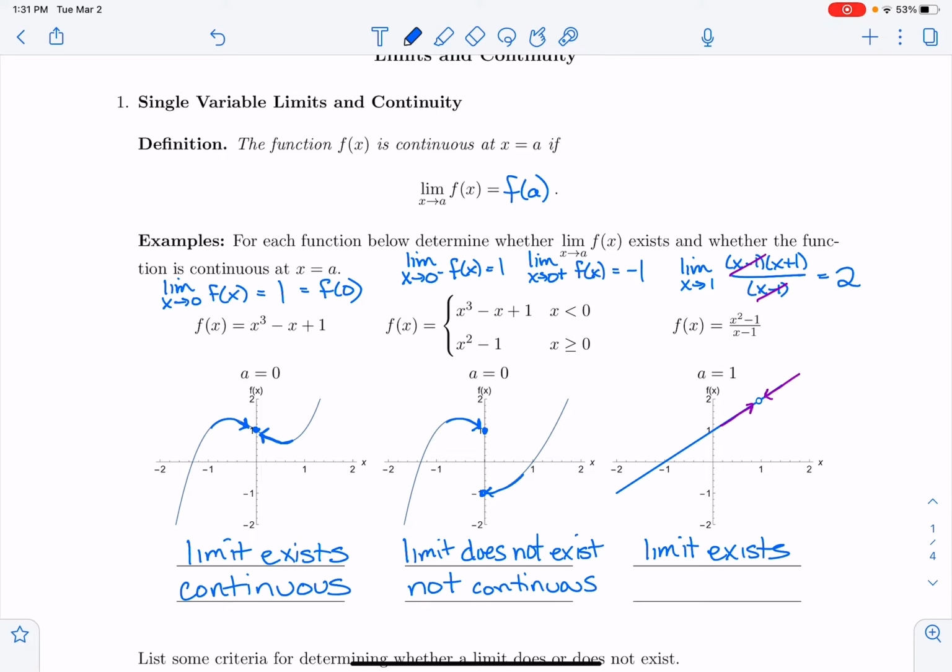But the function does not exist at x equals 1. Okay, so here, this function does not exist at x equals 1. And so, although the limit does exist, the limit does not equal f of 1, because f of 1 does not exist, and so this function is not continuous.